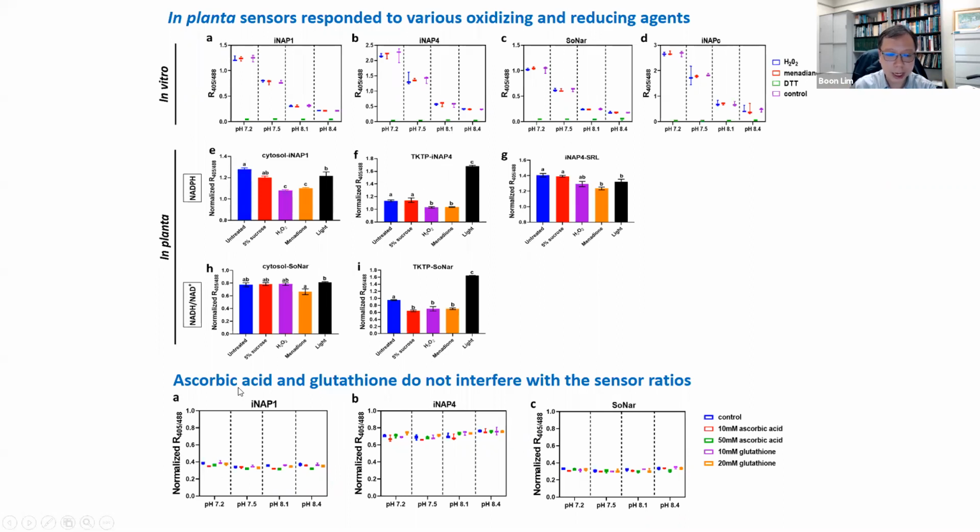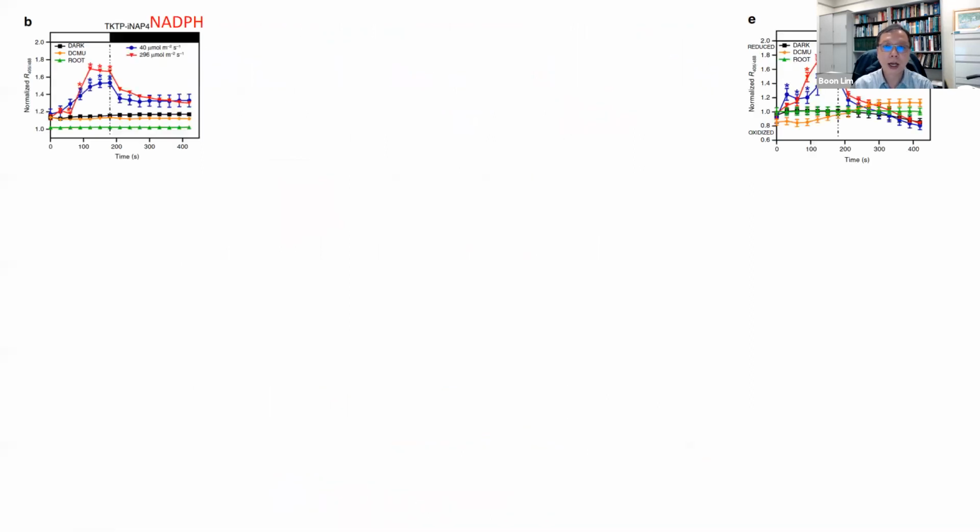And then we also show that ascorbic acid and glutathione do not interfere with the sensor ratio, so those sensors are specific to NADPH or the NADH/NAD ratio. So then we carry out illumination experiments using 10-day-old seedlings.